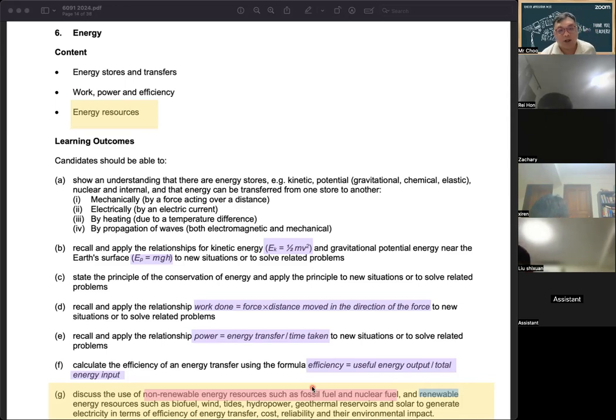And it's actually quite cheap compared to other fuels. But the thing that is not very good about fossil fuel is that it is non-renewable and it produces pollution. Not a very sustainable energy source. Clear so far?